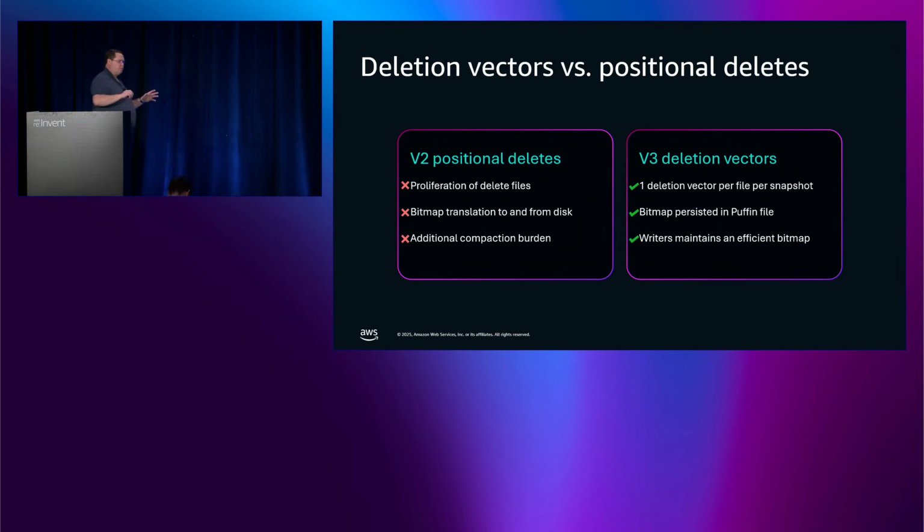So it knocks off that problem of all these small, tiny delete files. The bitmap itself is also stored in a Puffin file directly, so there's no deconstruction, reconstruction process that happens around that bitmap and the Puffin file. And the writers themselves maintain that bitmap while the write operations are happening. So you have a fully efficient bitmap that's being built and maintained.